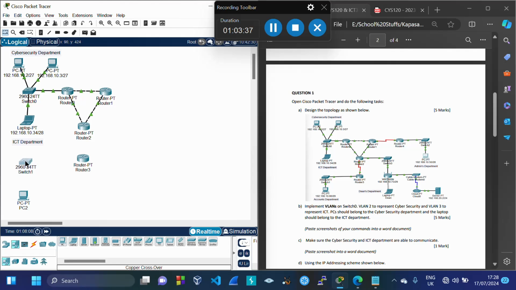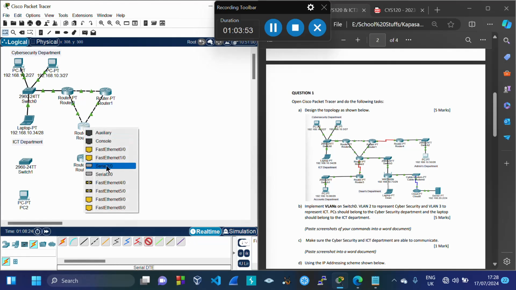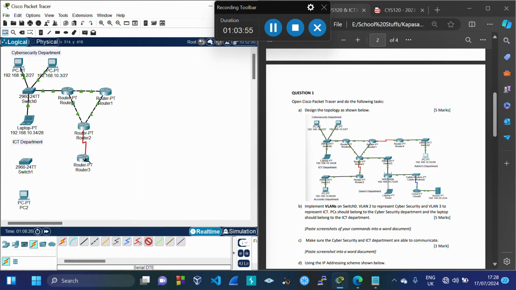After putting this, we need some connections. So we have a serial connection which represents a wide area network. So under connections, I'll get a serial connection, then I'll use serial 2 and here serial 2 to make them unique.